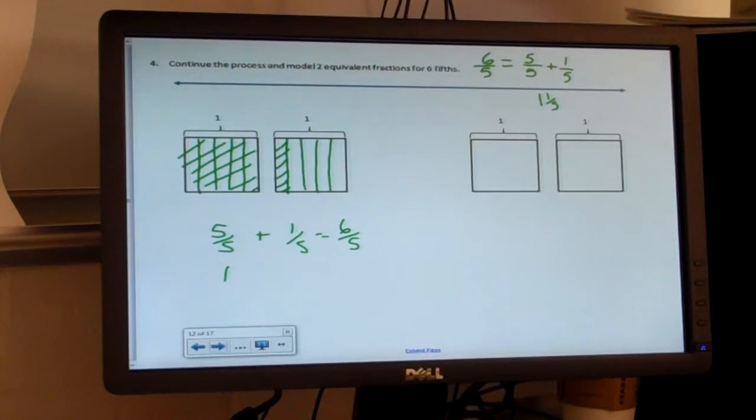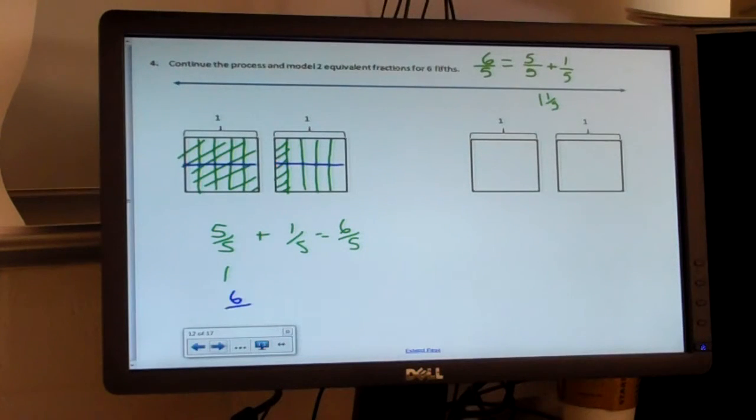Now, how can we make an equivalent fraction to 6/5? It's the same thing we've been doing. What can we do? James? We can draw a line through it. A line which way? Horizontally.